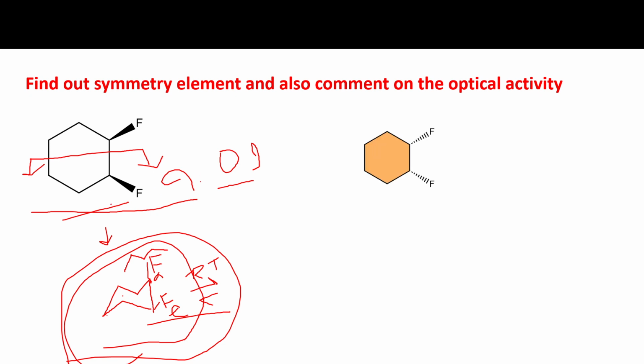And if we talk about the relation between these two conformers, when both fluorines are up and both fluorines are down, both are the same conformation. So these are homomers to each other.